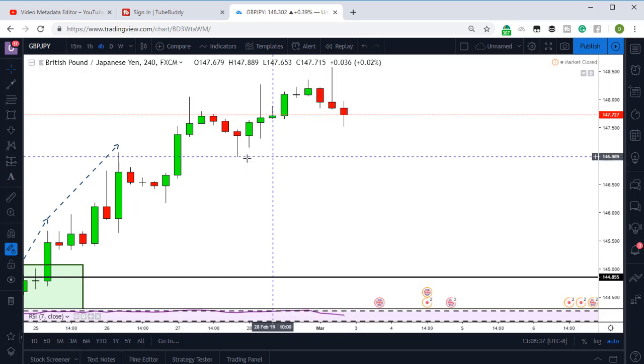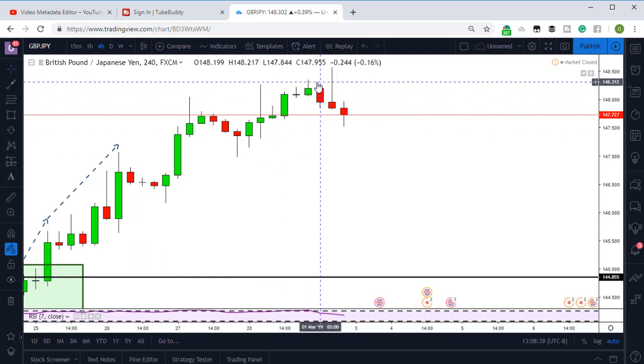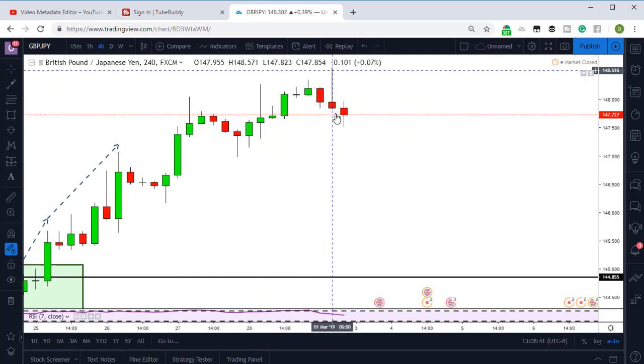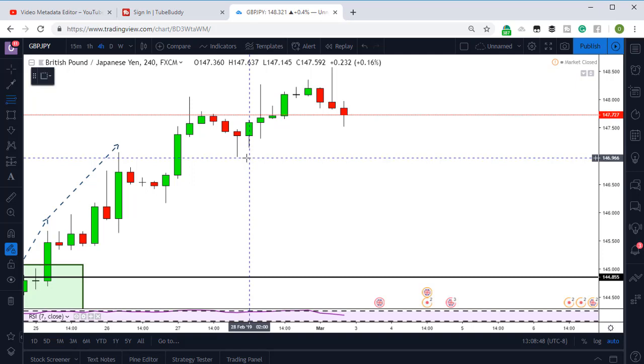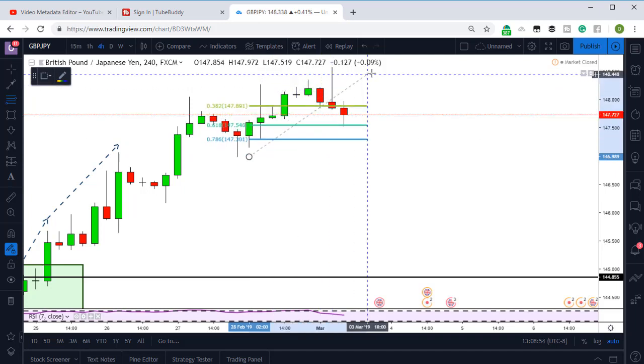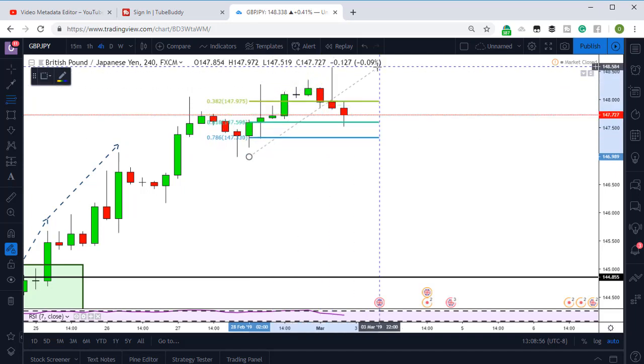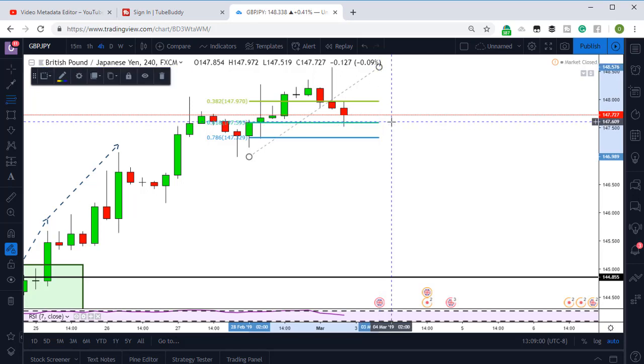From there, price action pushes up to the upside, and we have another pull to the downside. How much of a retracement is this? Let's see. From this level of structure to up here, wow, this is even over 61%.